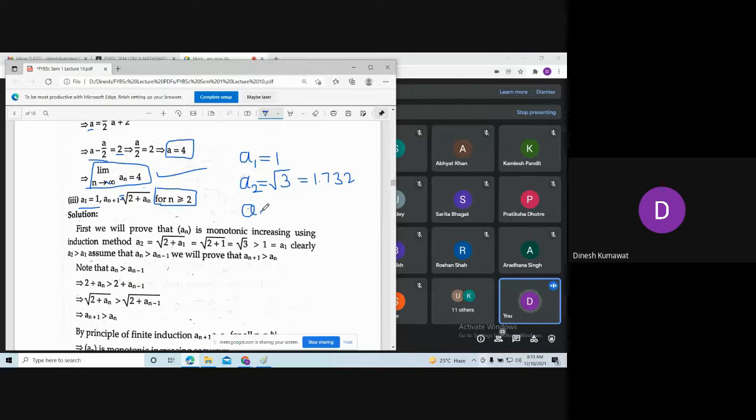Now let us calculate one more term. What about a3? Root 3.732.